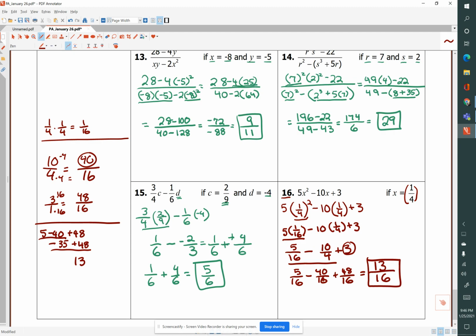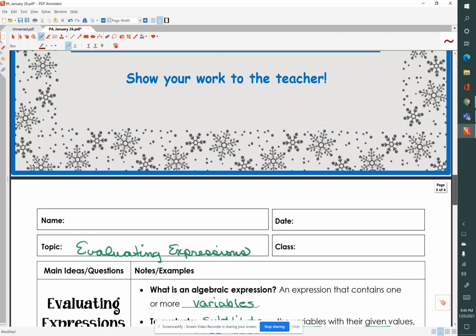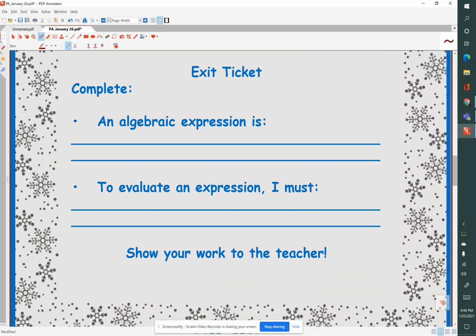That was a tricky one, and I hope you kept up with that. So let's go back to our exit ticket and fill that out. Okay, so here we are. An algebraic expression is an expression that contains one or more variables.